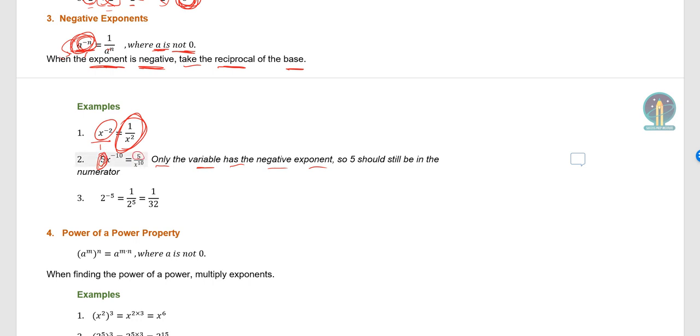So this is the same as 5x to the minus 10 over 1. So the 5 stays in the numerator, and then we take the x to the minus 10 and bring it down to the denominator, but we get rid of the negative sign when we bring it down. So we bring it down as x to the 10th. So this is 5 over x to the 10th.